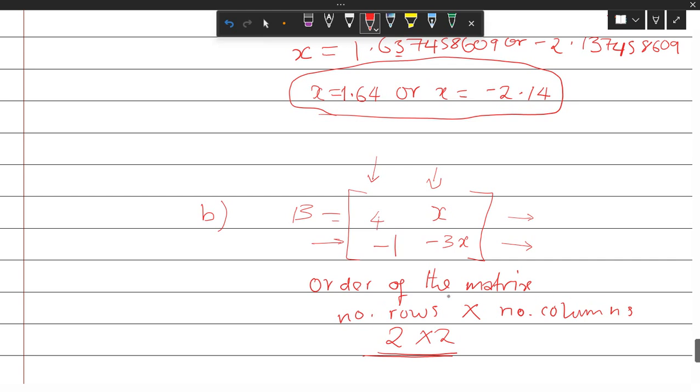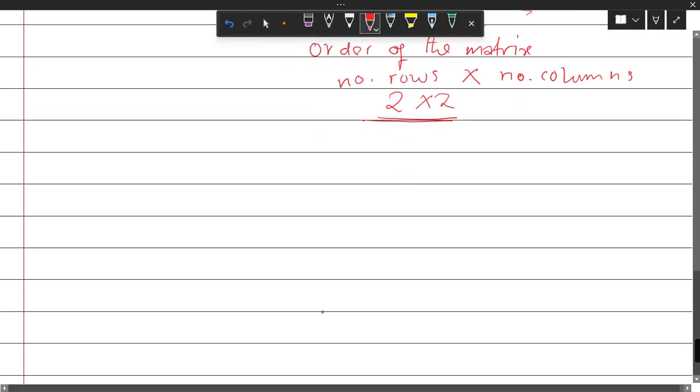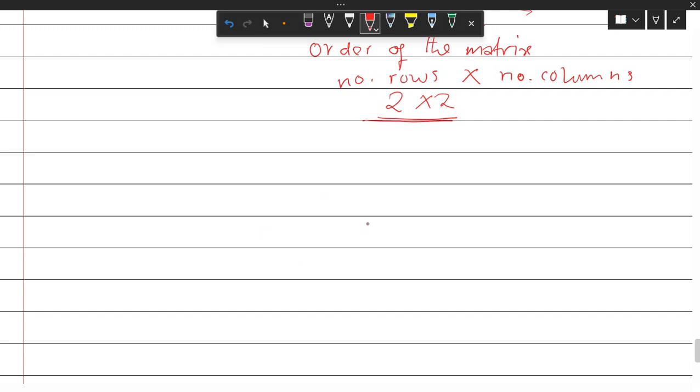For example, let me give you an illustration. If you have a matrix 2, 3, 0, like this, who can tell me the order of this matrix? First of all, you look at the rows from this edge, meaning it has 1 row, multiplied by the columns from the top.